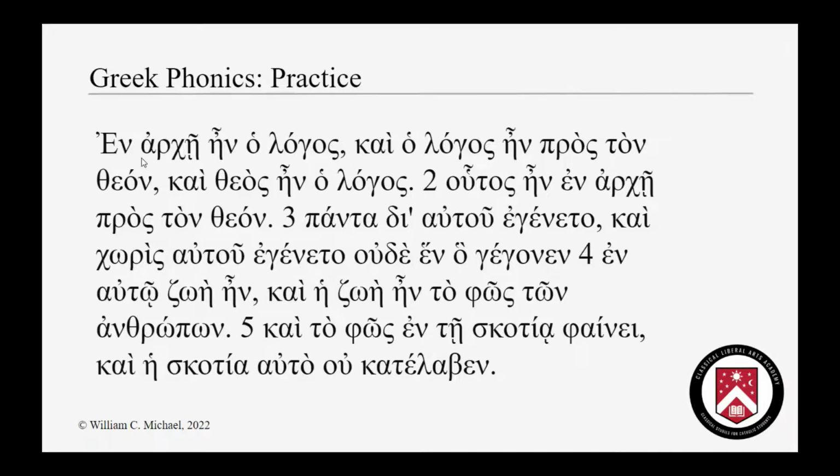This first word, we see an uppercase epsilon with a soft breathing mark before it. We read this as en. Epsilon with soft breathing. In the second word, we see alpha with soft breathing.